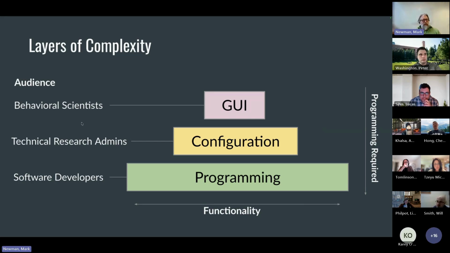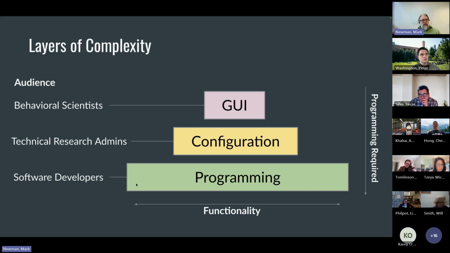You can look at these different layers as being aimed at different audiences. So behavioral scientists who don't fancy themselves as programmers or system administrators would be primarily working with the GUI. Some of these more technical research admins who are not quite software developers, but the kind of people that could make Qualtrics and Redcap do crazy things that you never imagined, would be interacting with the configuration layer.